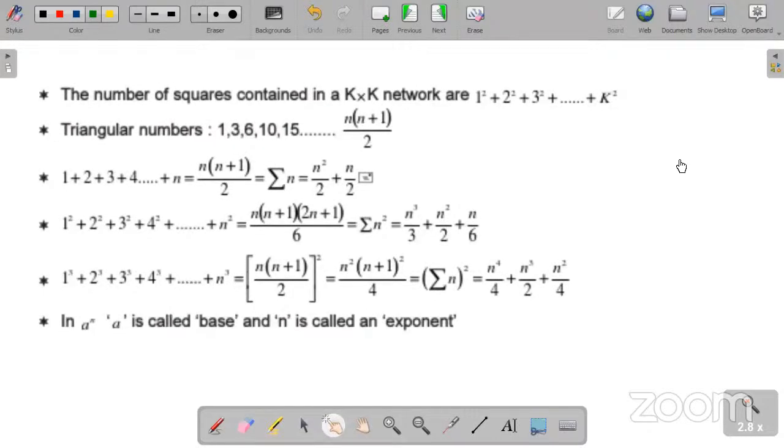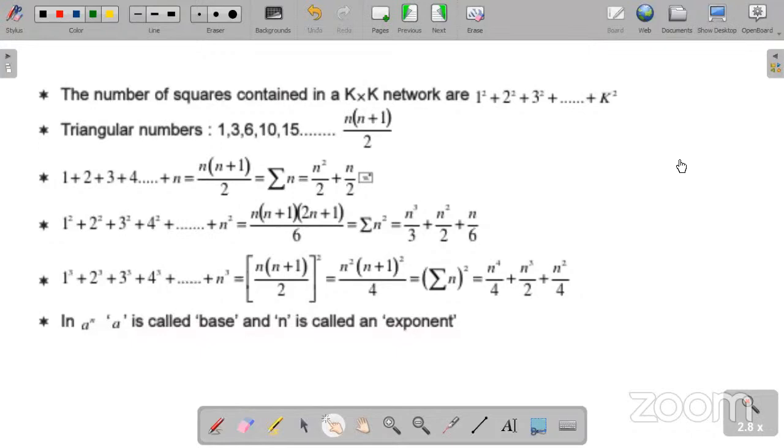See, the number of squares contained in a K by K network are 1 square plus 2 square plus 3 square plus so on plus K square.